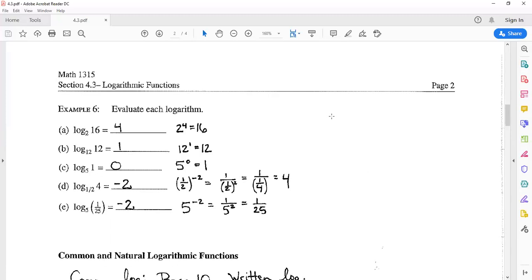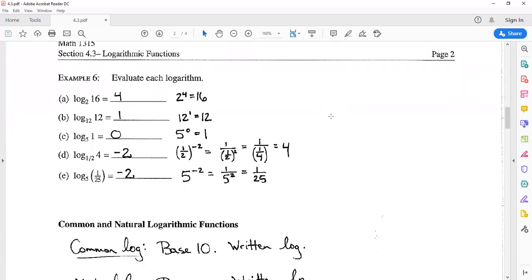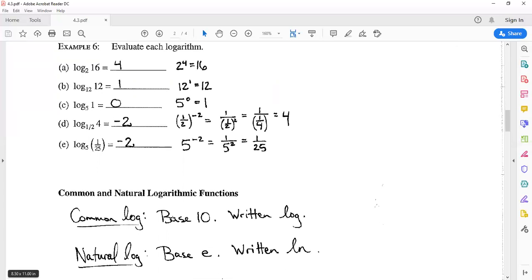All right. And so there's two bases for logarithms that we'll probably see often. I think one we'll see a little bit more often than the other. What they call the common log, which is base 10, so it's like log base 10 of x. This one they like to abbreviate by just writing log, with the assumption that when there's no base written, they mean base 10.